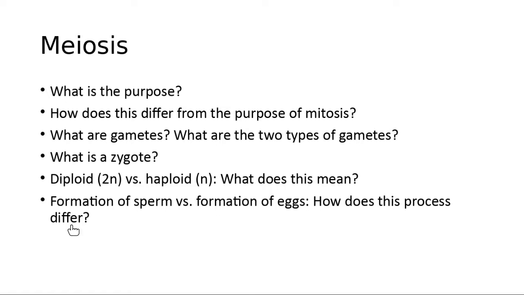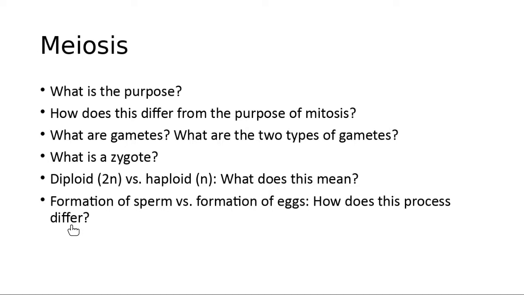Sperm only has one X chromosome, and is that okay? And eggs have two X's. Okay, so when we're talking about female and male, males have an X chromosome and a Y chromosome, and then females have two X's.